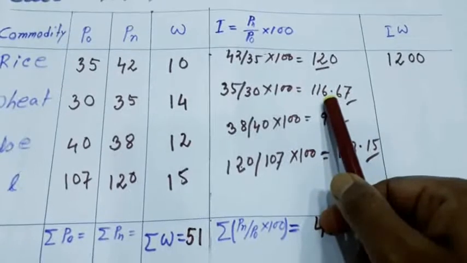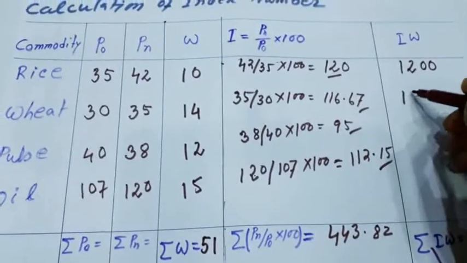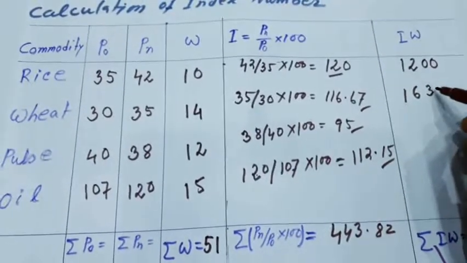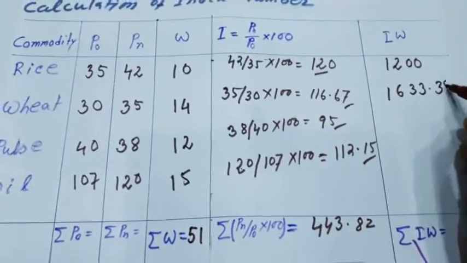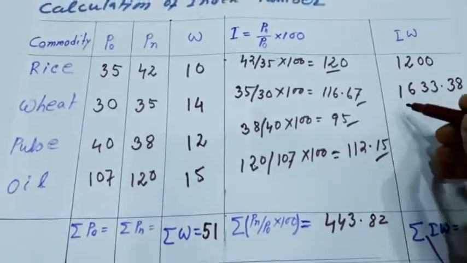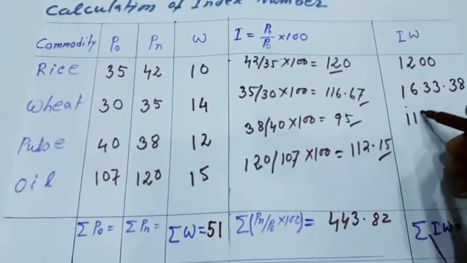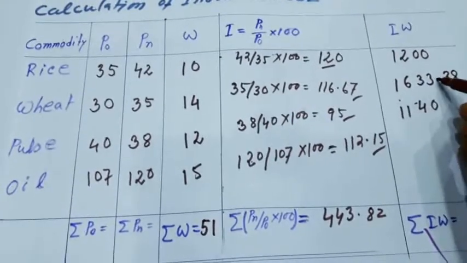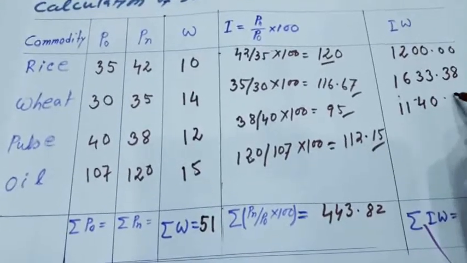Now 14 into this. Put this value in the calculator. The result is 1633.38. Now 12 into 95. This result would be 1140.00.